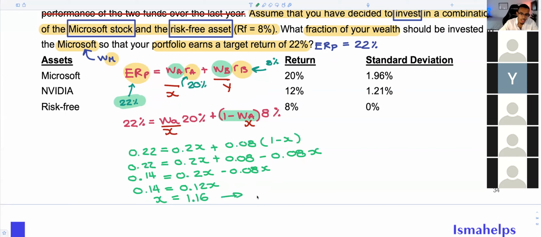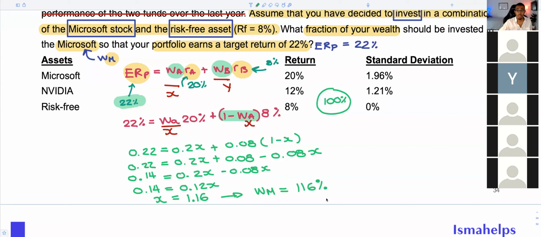This is akin to saying that the weight in Microsoft is equal to 116%. What is even happening? How does this even make sense? How do you even get something that's above the piece of the pie, which was 100%? How can it be bigger than 100%? Well, exactly.